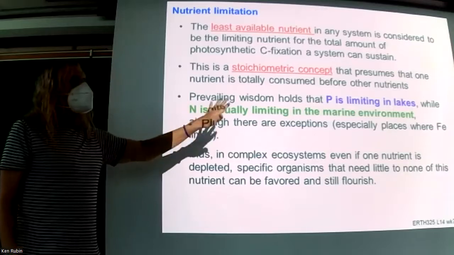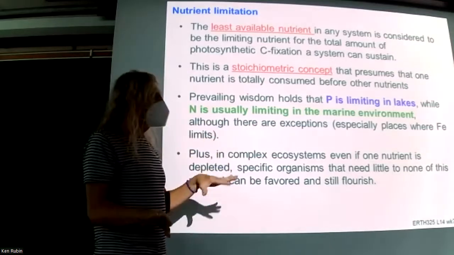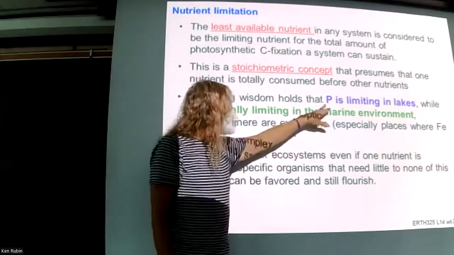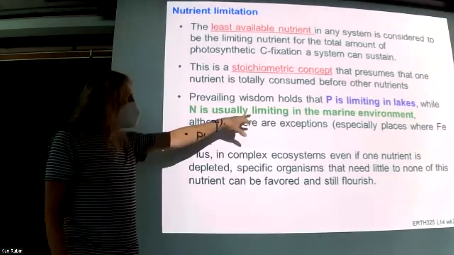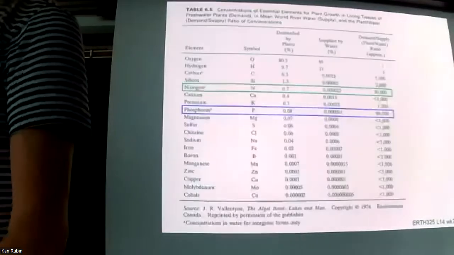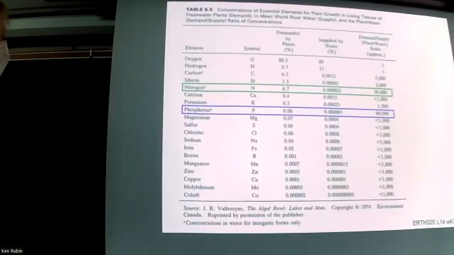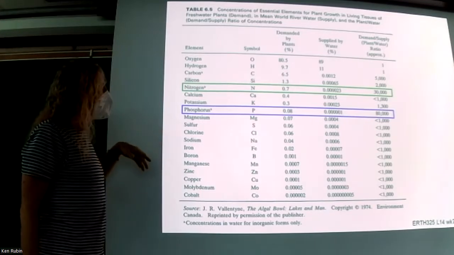For most freshwater parts of the hydrologic cycle, the water component at least, phosphorus ends up being the limiting nutrient. And this is why human impact of loading phosphorus is so important. I've shown you a similar table before, but this is a table showing the nitrogen and phosphorus demands by plants.